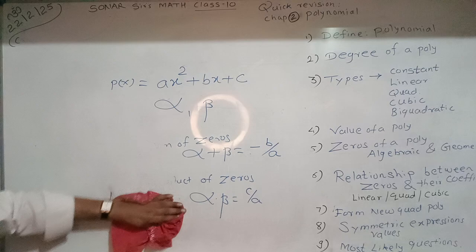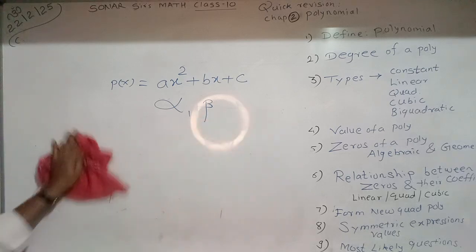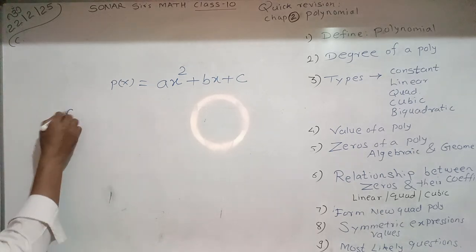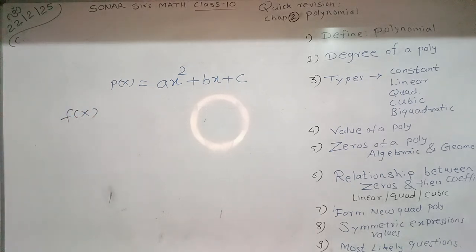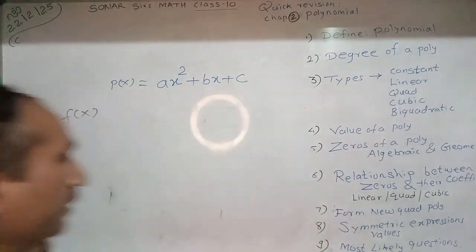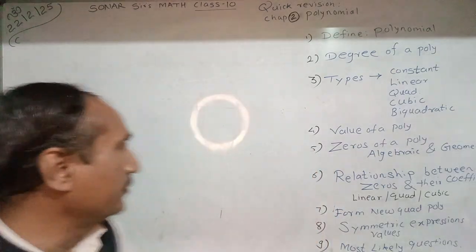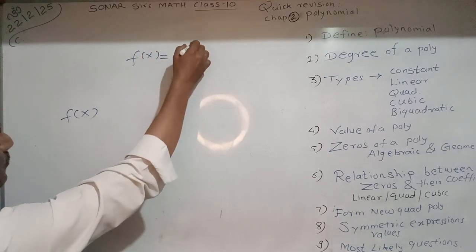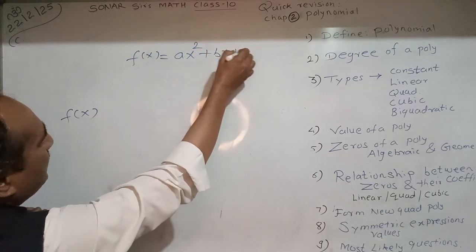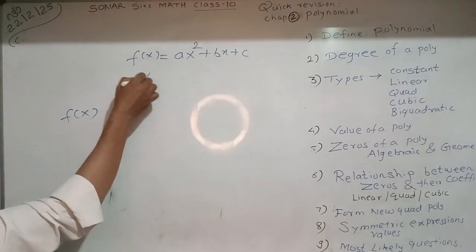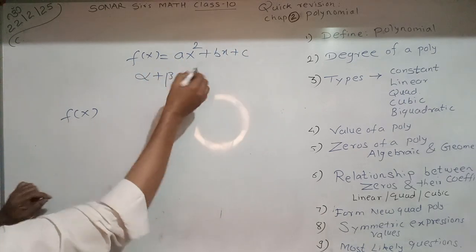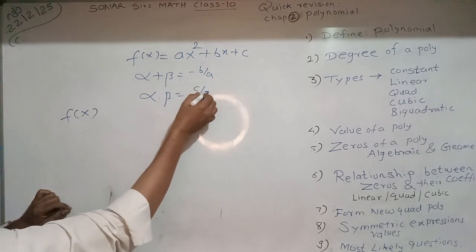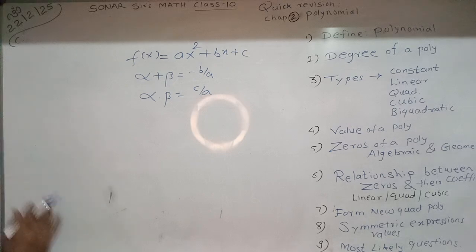For the cubic equation, we'll first write down the cubic equation. Here, cubic polynomial and this one quadratic polynomial. So quadratic polynomial ax square plus bx plus c. For the quadratic polynomial, alpha plus beta is minus b upon a and alpha into beta is c upon a. Why am I writing it again?